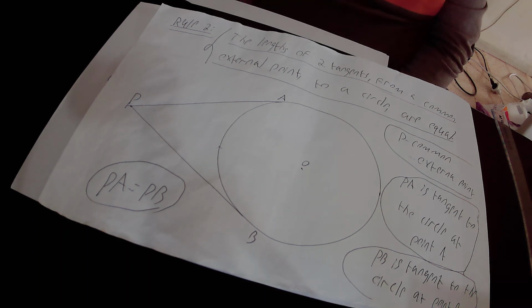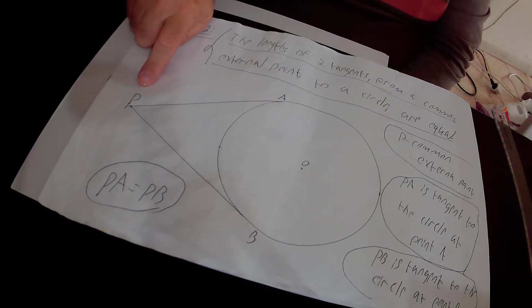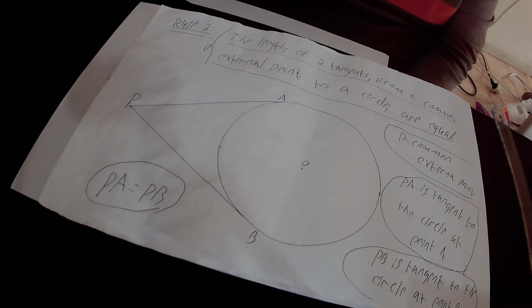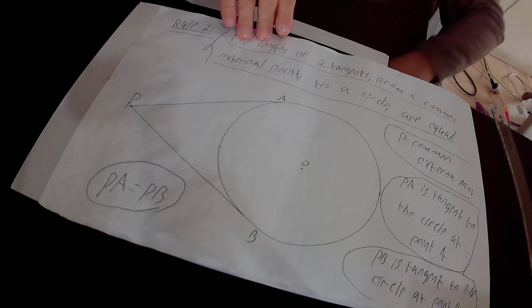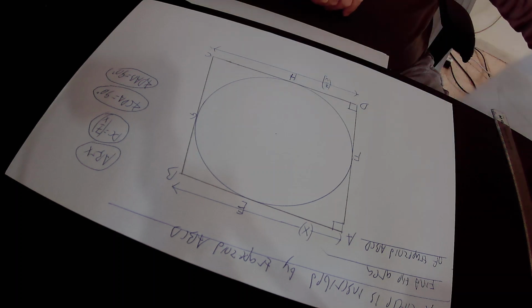So we have in the drawing this circle, and we have this common external point, point P. From this common external point P, we have two tangents to this circle, tangent PA and tangent PB. And according to this rule 2, they are equal to each other. That is to say, PA equals PB. So we can actually implement rule 2 in our drawing.